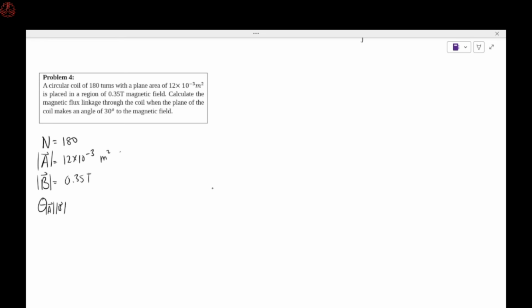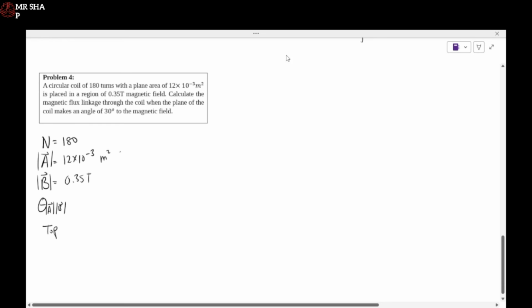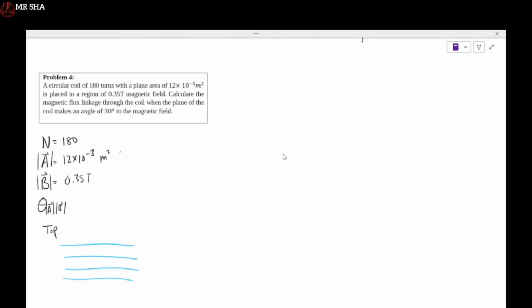Okay, if I were to draw from a top view, I will see the magnetic field lines, let's use blue for magnetic field lines. Okay, I will have blue magnetic field lines like that. And then if my plane makes 30 degrees, let's have our plane be purple.